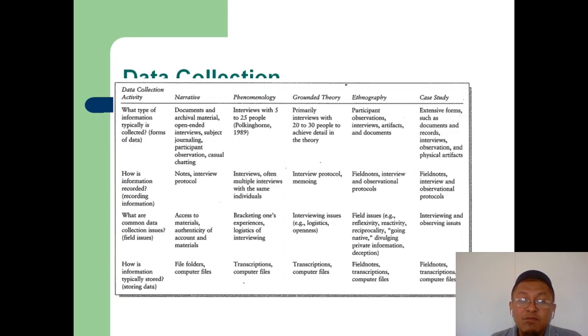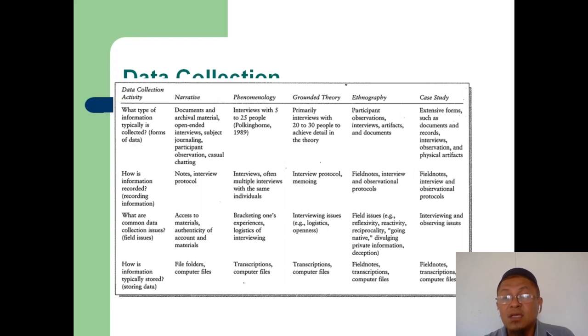Okay, what types of documents? You will collect whatever documents are available, provided by them. According to Paul Kinghorn, it is appropriate to interview 5 to 25 people for phenomenology, but to me it all depends. This number is just a guideline only.